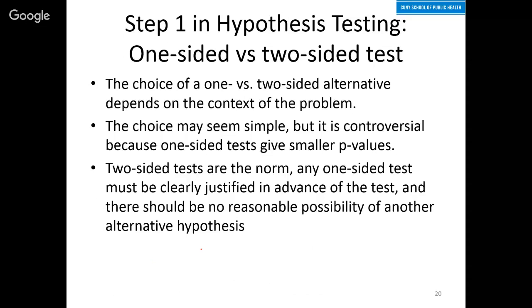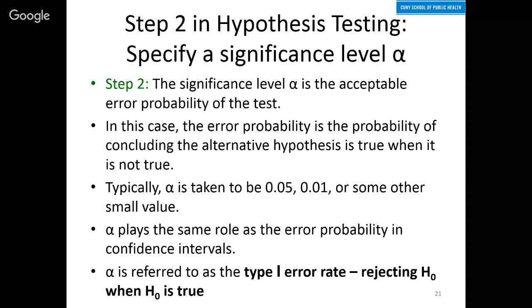So two-sided tests are the norm, and you should almost always use them unless it is clearly justified in advance of the test and there is no reasonable possibility of another alternative hypothesis. So be careful. I don't recommend the one-sided tests in almost any circumstances.